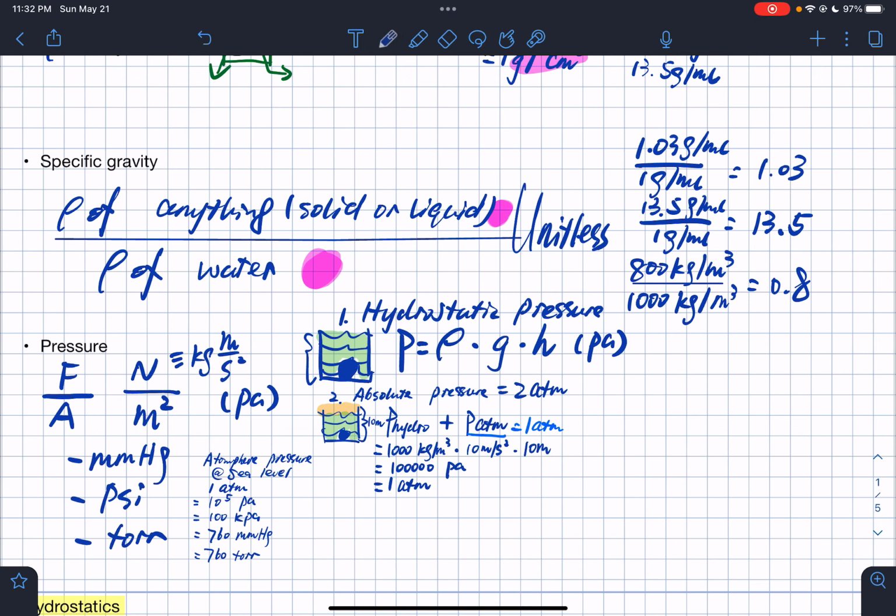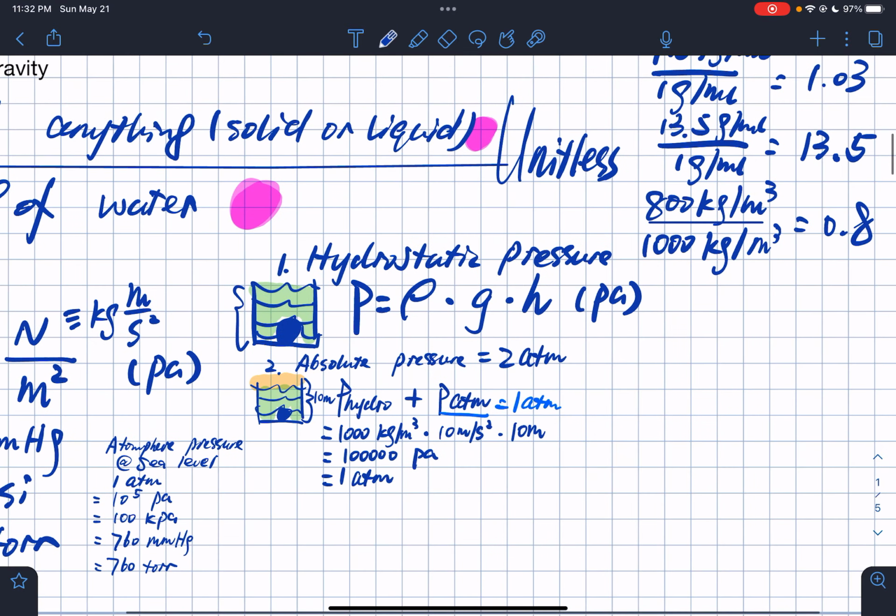Okay, perfect. The third pressure I want to discuss is called gauge pressure. Gauge pressure equals the absolute pressure minus the pressure from the atmosphere. As you can see, hydrostatic pressure is basically a kind of gauge pressure.